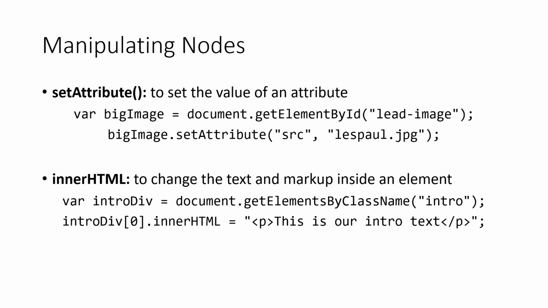Now, like we accessed nodes earlier, you can also manipulate them and change the values. For example, in the previous one we had a lead image and we had a different image. You can change that src to a different one, and it will change. Sometimes you can change the content within a particular markup. For example, get elements by class name intro. Everywhere within this is our intro text, and that part you can change.